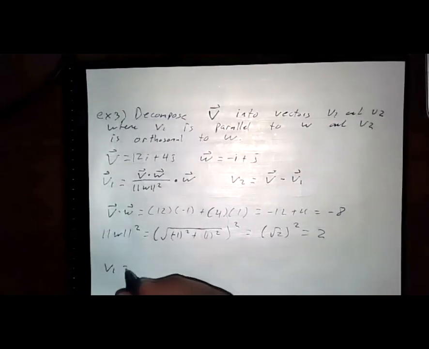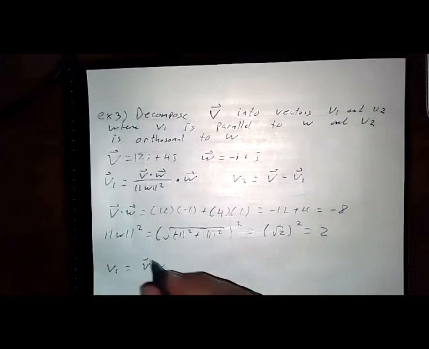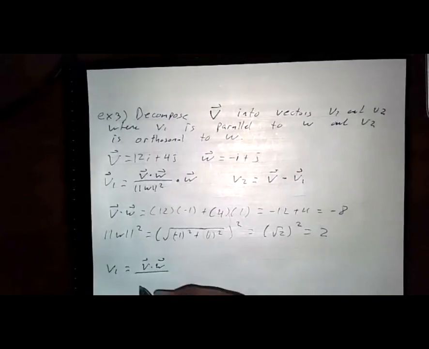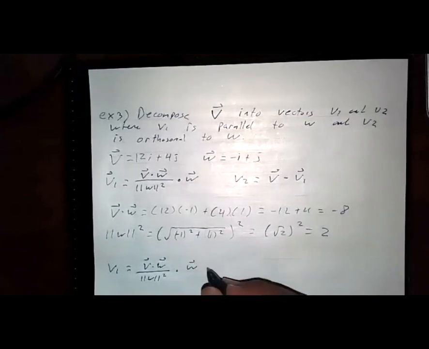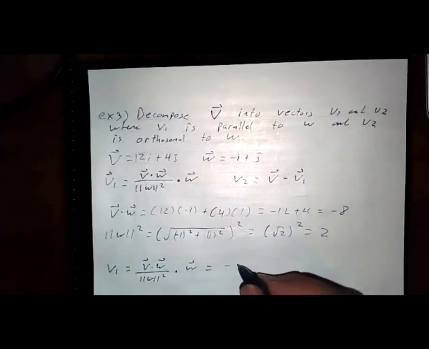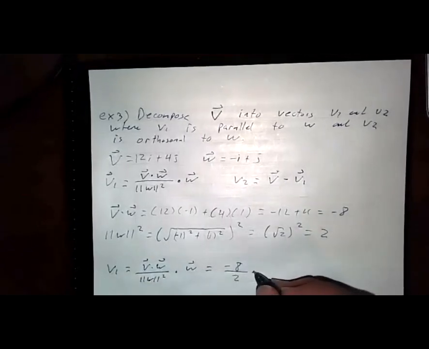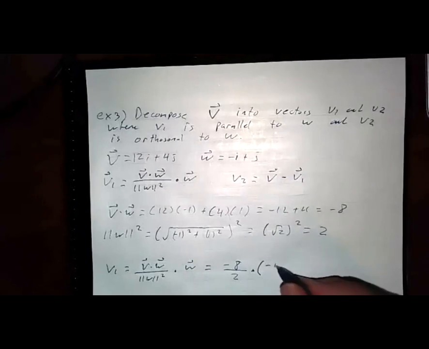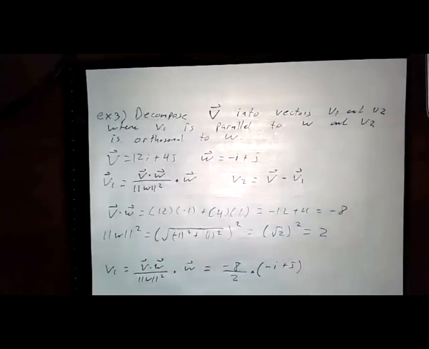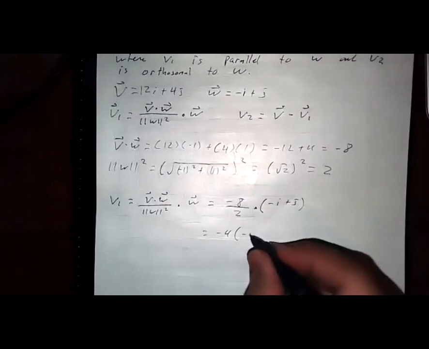So V1 is equal to the dot product we already found, divided by the magnitude squared, which we just found, times W again. So that would be -8 over 2 times the vector W, -I plus J. That would be -4 times -I plus J, which is 4I minus 4J.